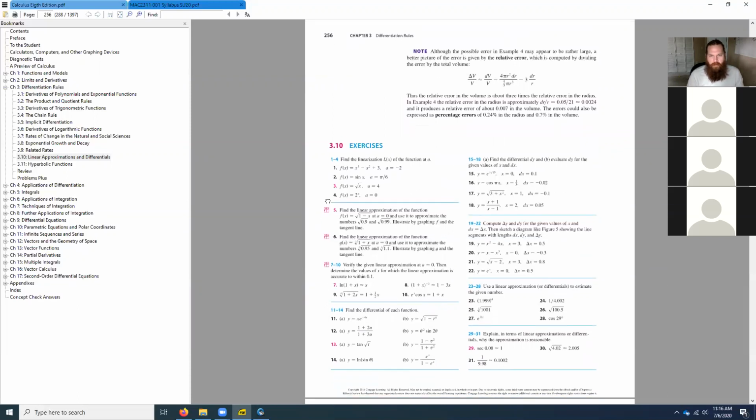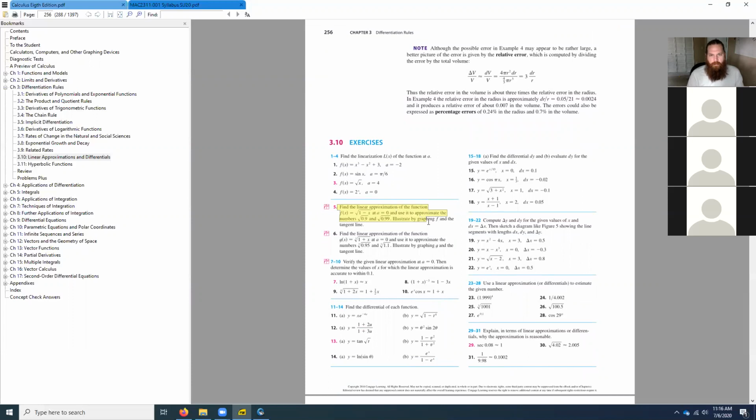Let's do number 5 here. You guys see number 5? Find the linear approximation to this function at 0 and use it to approximate these square roots. Illustrate by graphing f and the tangent line. Okay. Or maybe we should do this harder one. Yeah, the one we just did was a square root. We'll do both. Okay.